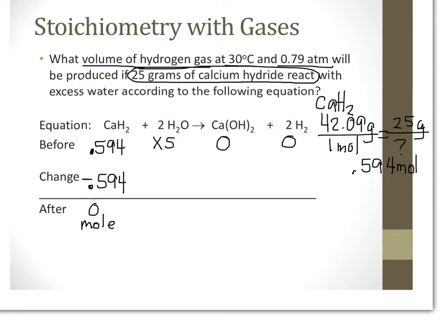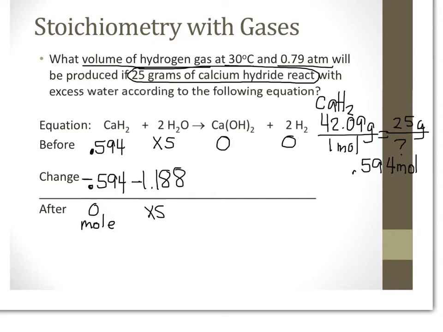The calcium hydride reacts in a 1 to 2 mole ratio with water. Twice as much water reacts for calcium hydride. So if I multiply that amount of moles by 2, I get 1.188 moles of water. And there's extra water left over.